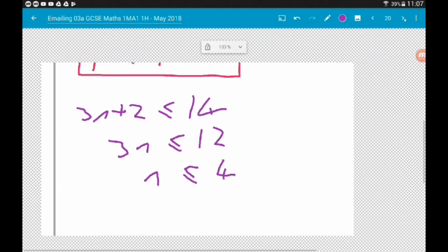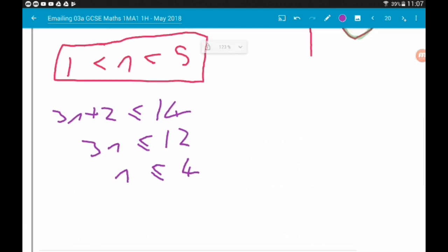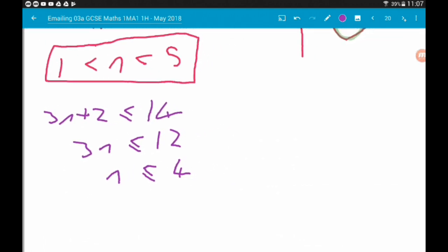So now we can get our solutions. The top inequality tells us n strictly has to be greater than 1 and less than 5.